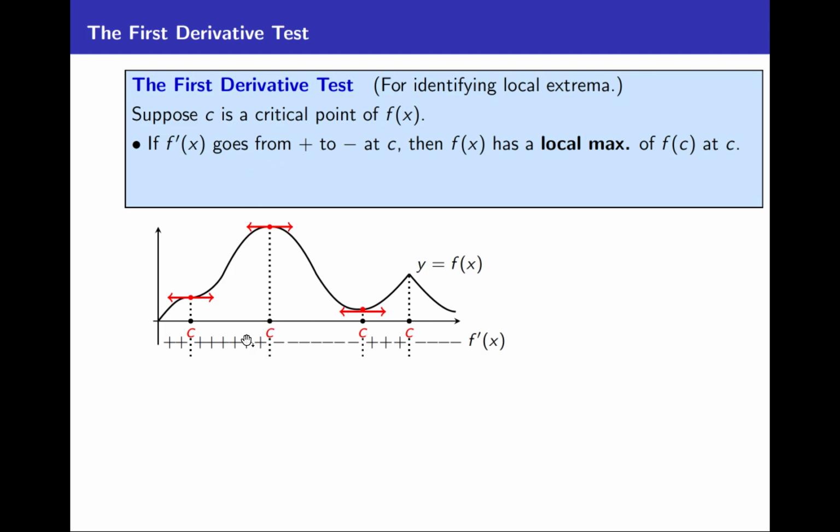Right here at this c, f prime goes from positive to negative, and that's where the function was increasing and then started decreasing, so that's a local maximum. Right here, f prime goes from positive to negative at that c. The function f stopped increasing and started decreasing there, so that's a local maximum. And when we say f prime goes from positive to negative, we mean as you go from left to right. It's positive on the left and then turns negative to the right.